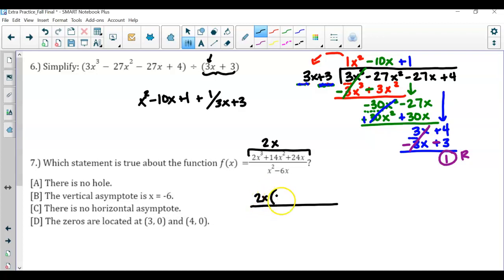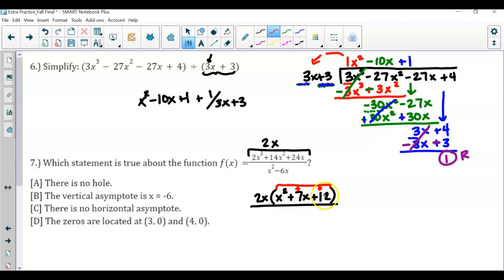Then now I've got x squared plus 7x plus 12, because here 2 divided by 2 is 1, 14 divided by 2 is 7, and 24 divided by 2 is 12. Now I still have the trinomial here, so let's check to see if we can still factor. Are there two factors that multiply to get 12 and add to get 7?